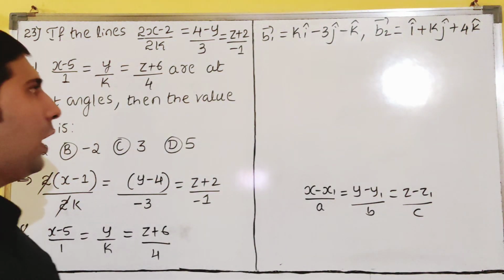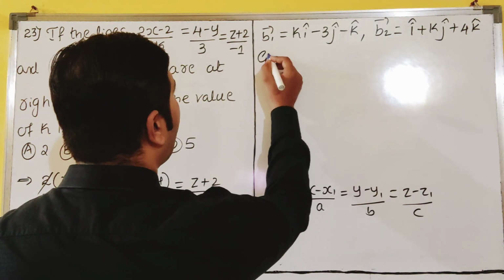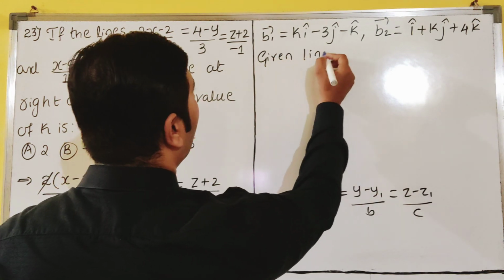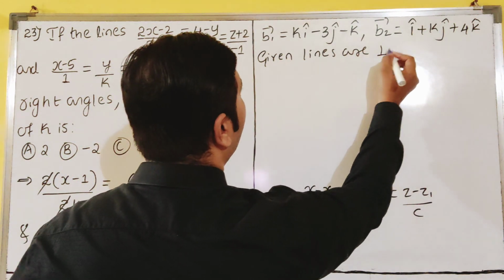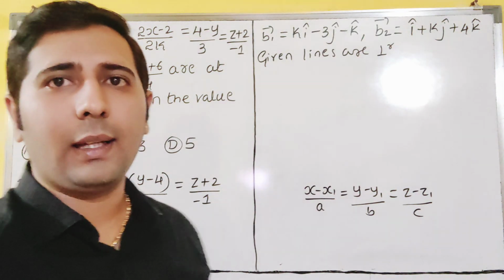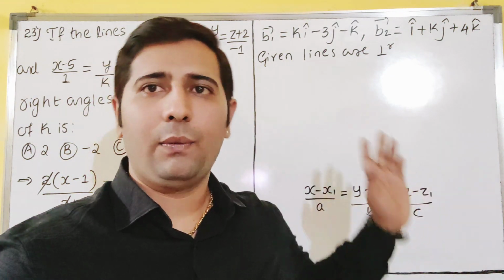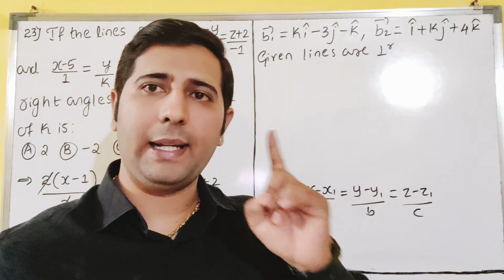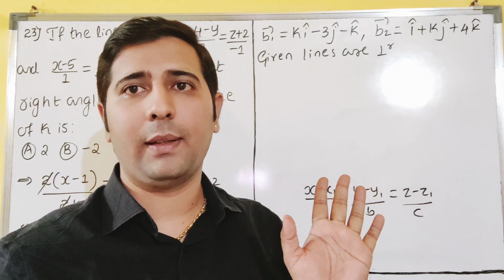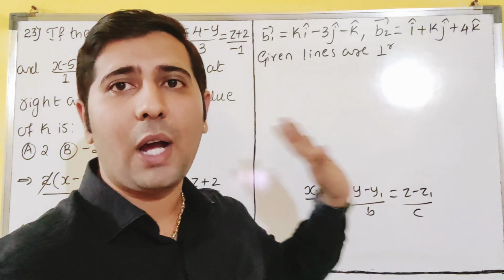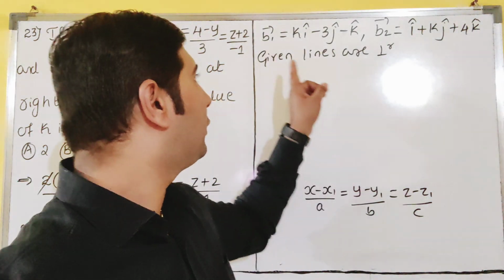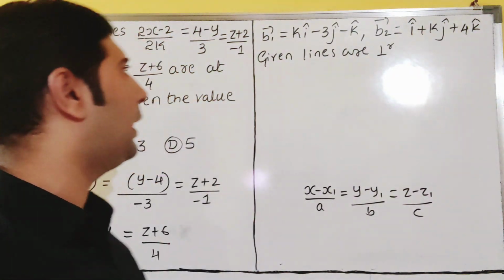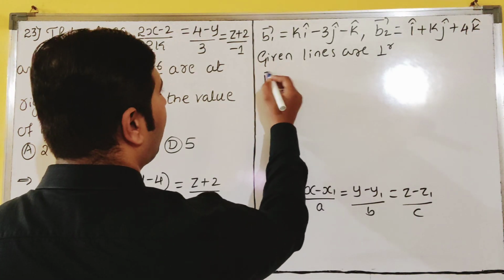Understood everyone? So the given lines are what? The given lines are perpendicular. Dear students, you may think sir is writing too much. For your understanding purpose I write this, because everyone should understand what I am teaching here. So the given lines are perpendicular means what will happen?